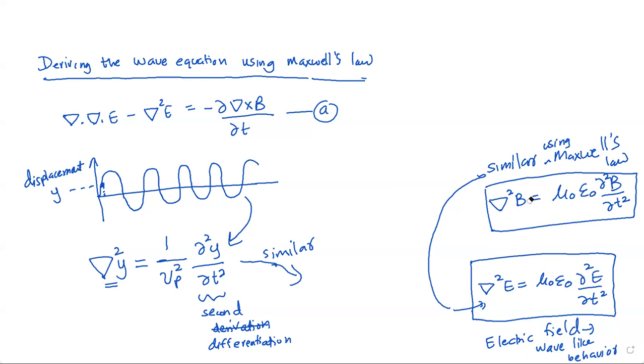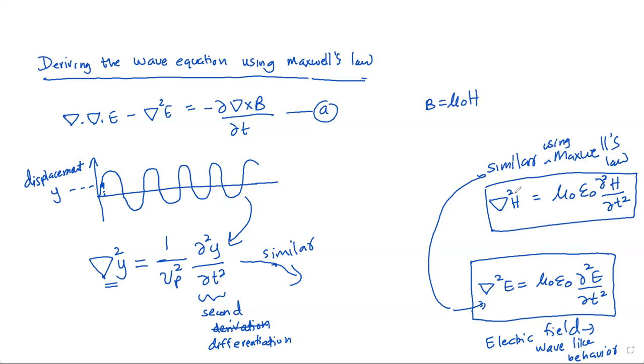However, I need to check whether this is H or B. Normally we use either B or H. So B equals mu naught H, right? So here it could be H because of the presence of the mu naught and epsilon naught outside this expression.